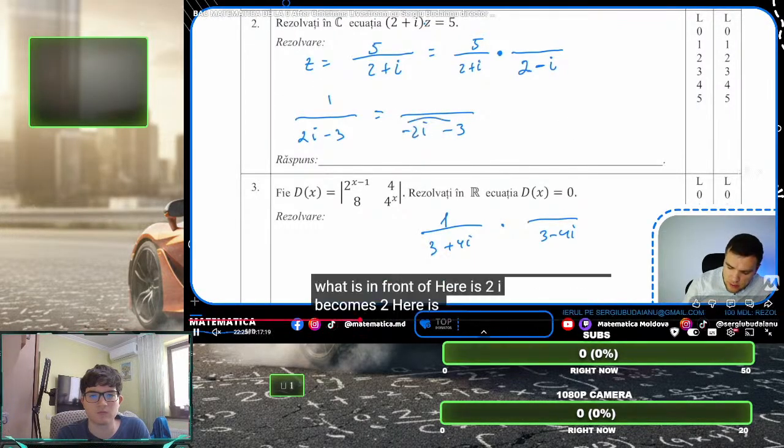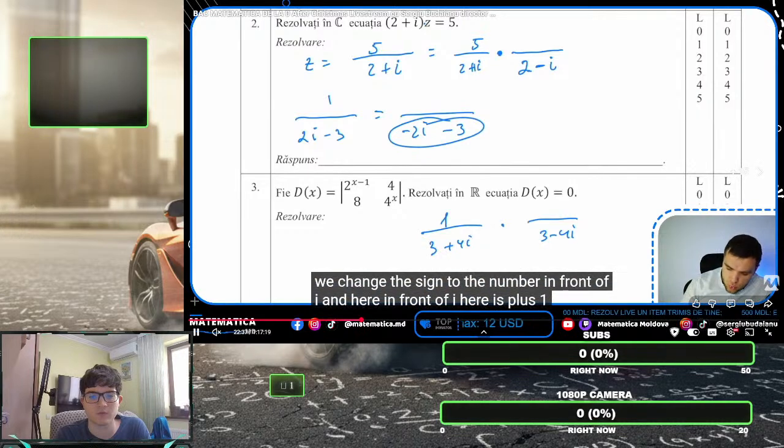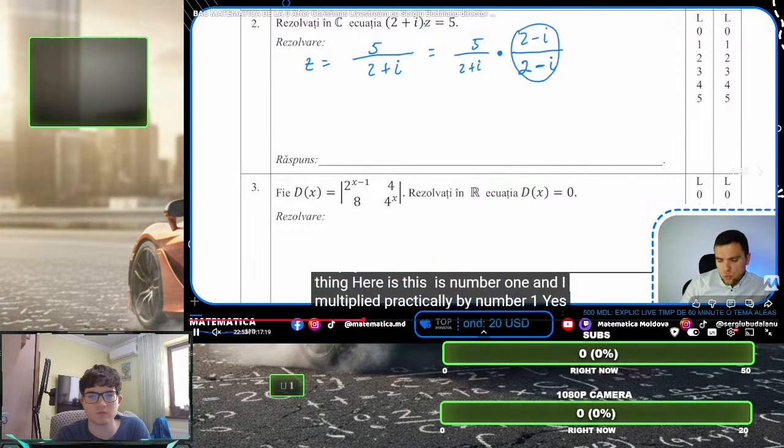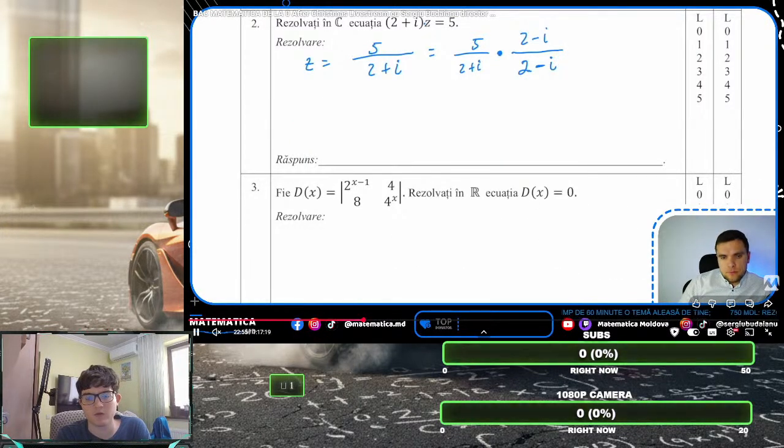So this is what you get here, like some example. And I guess you could do that, multiply by an expression that's equal to 1, (2 minus i) divided by (2 minus i).